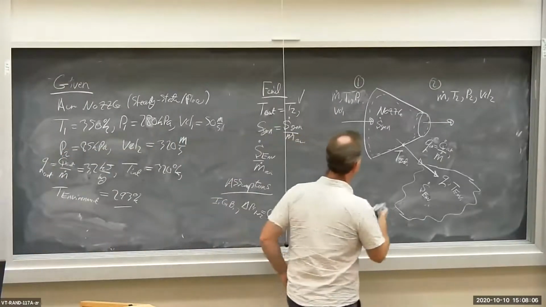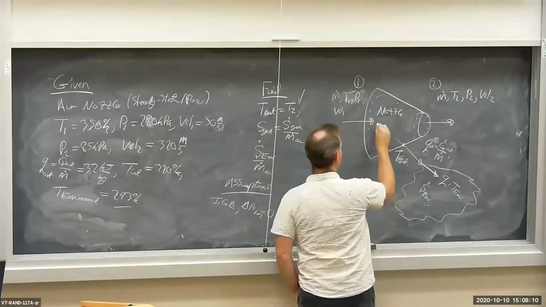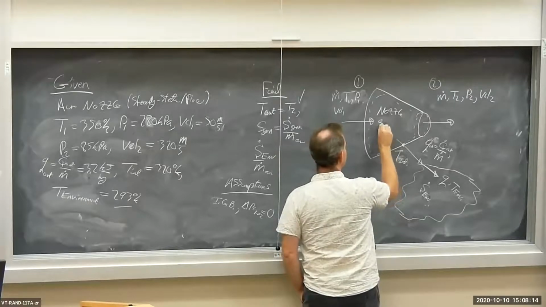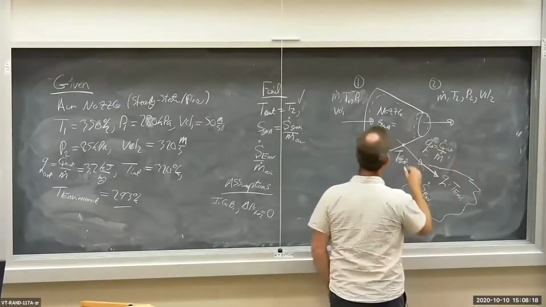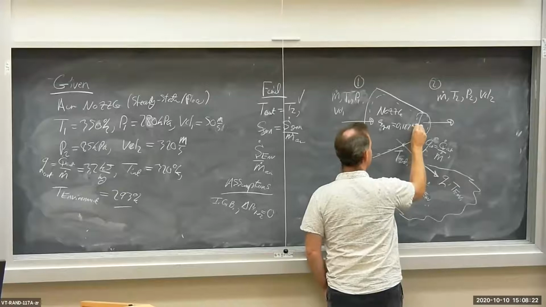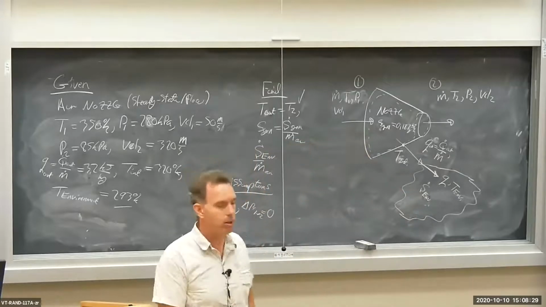So inside my nozzle, I have an S dot gen. I'm going to put a number in here now, 0.187, and that's kilojoule per kilogram degree Kelvin. So I got some entropy being generated in there per unit mass flow, okay?